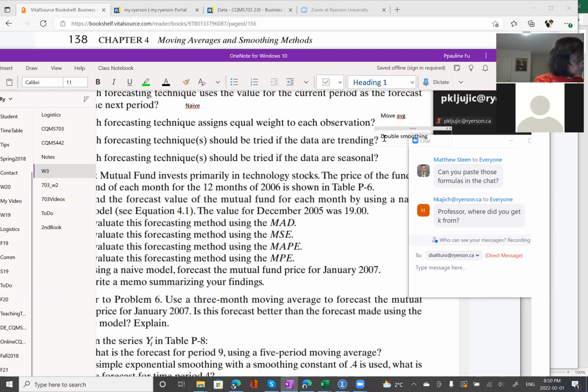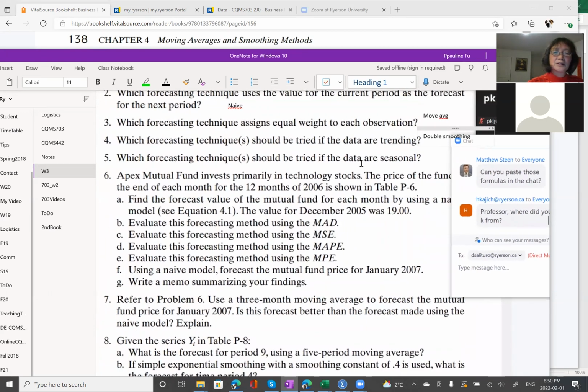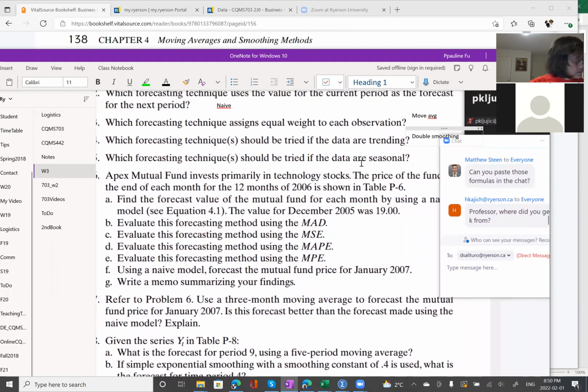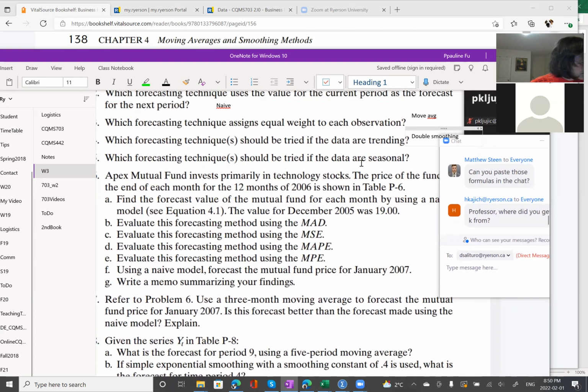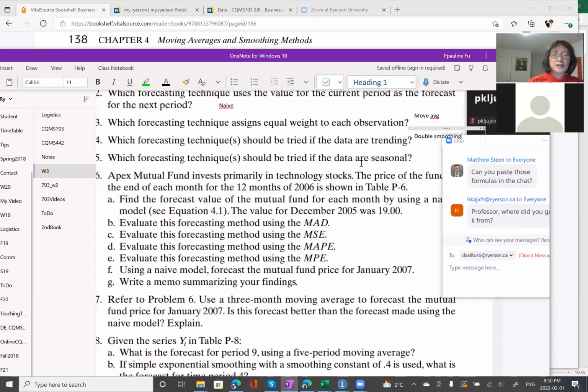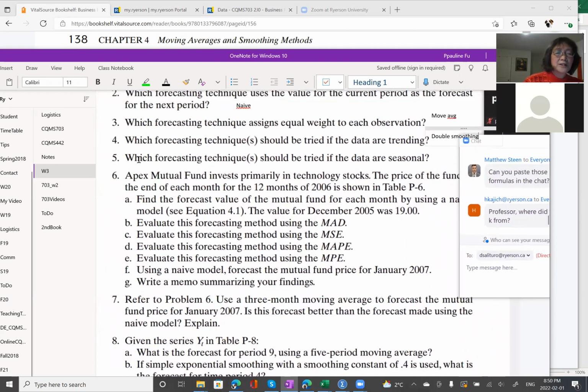Question 5. Which forecast technique should be tried if data is seasonal? We haven't covered this one yet, for now you just need to have some concept about the techniques.